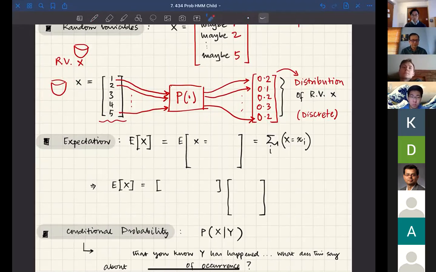So E of x is nothing but the sum over x equals 1, 2, 3, 4, 5, because we always think of x as all possible values that it can have. Then we say, okay, x being 1, that probability is P of 1. X being 2 is this. So E of x is the sum of xi times the probability that x equals xi.